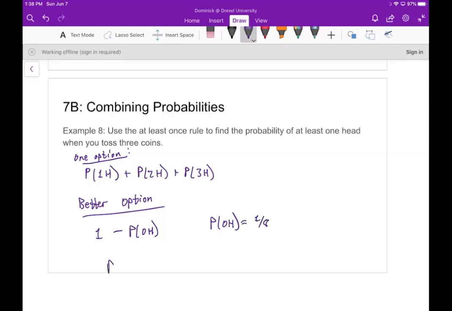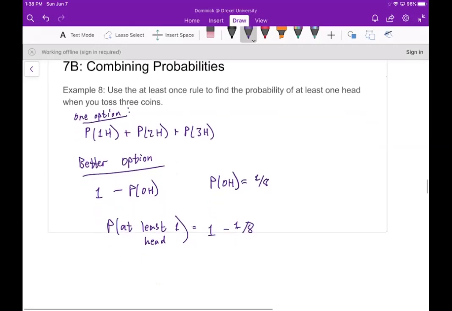So the probability of getting at least 1 head would be 1 minus 1 over 8, which would be 7 out of 8.